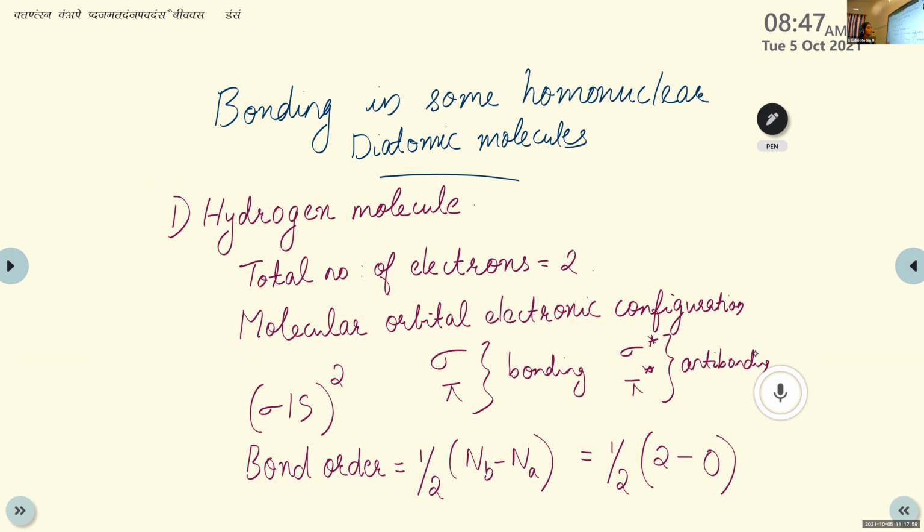So here only one molecular orbital, that is sigma 1s, and sigma 1s is a bonding molecular orbital. The number of electrons present in this bonding molecular orbital is 2. So half into 2 minus 0. What about the value? 1, right? So which type of bond exists between this hydrogen molecule? Bond order is 1, so single bond.